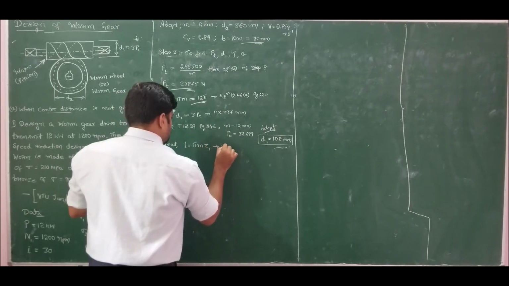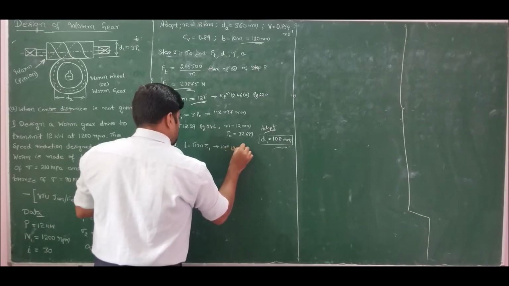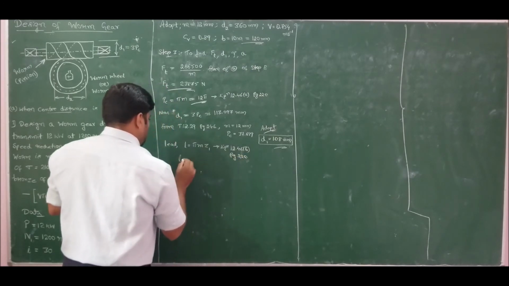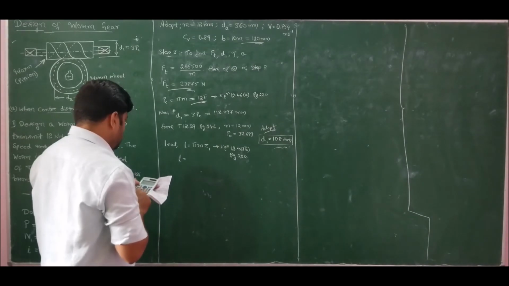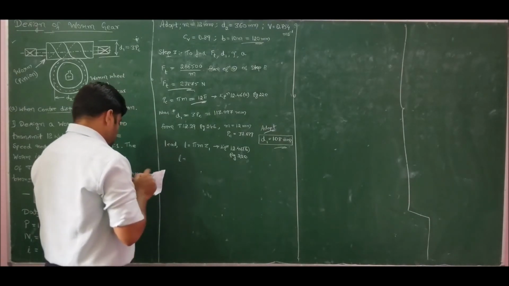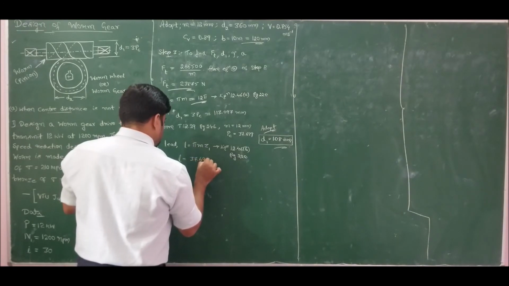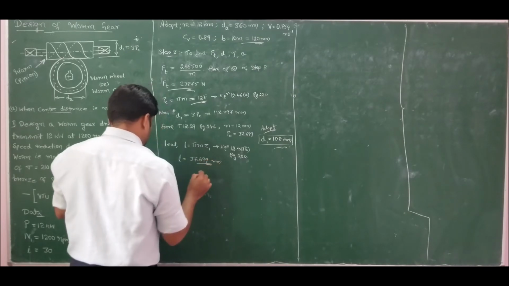This is from equation 12.46b, on the same page 220. So the lead is pi times 12 into Z1 is 1, which is 37.699 mm, the same as the circular pitch.